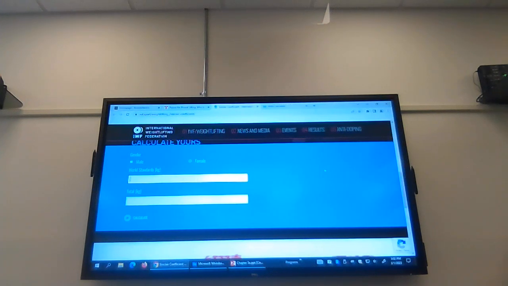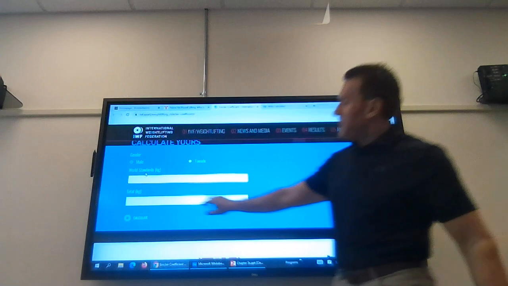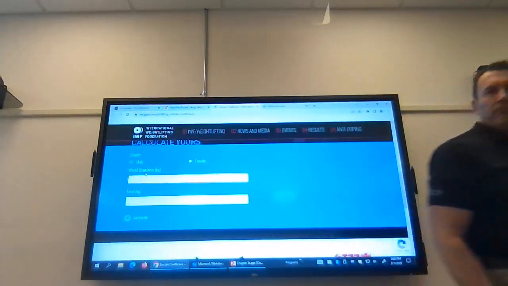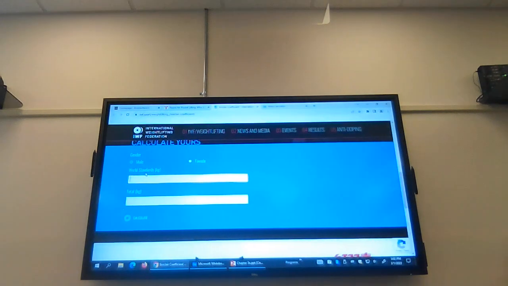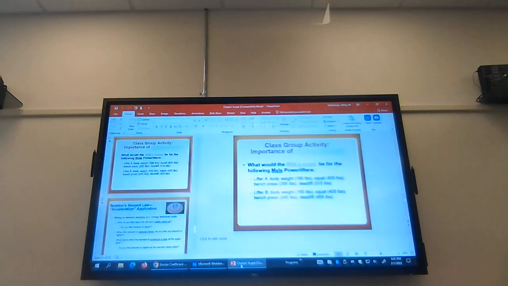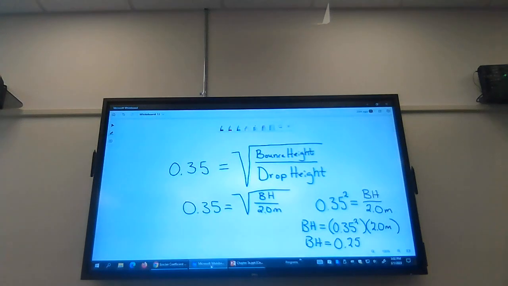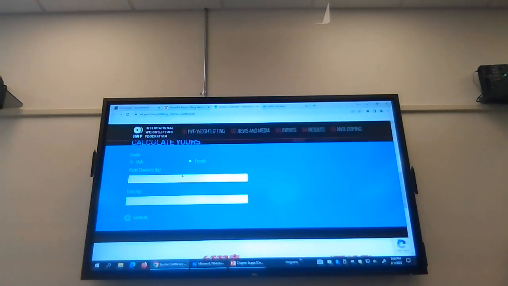So we're doing a Sinclair score for both snatch and clean and jerk. You total them up. So you enter their total kilograms right here, and then their body mass here. So 55 kilograms, so what's 93 plus 118 kilograms?